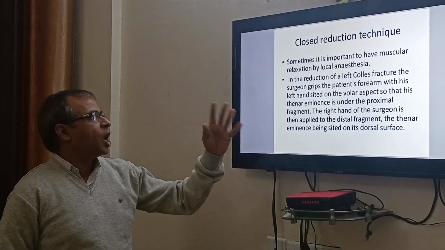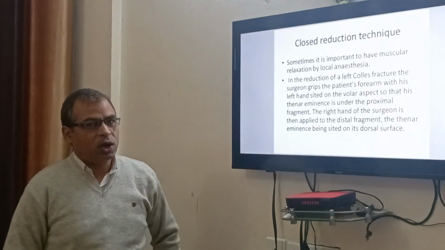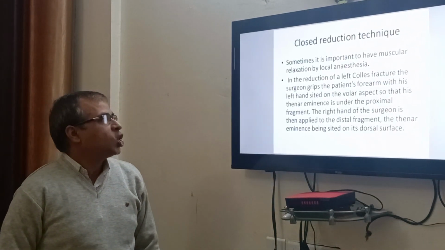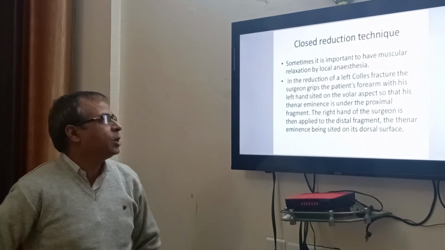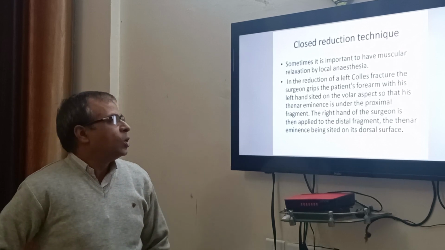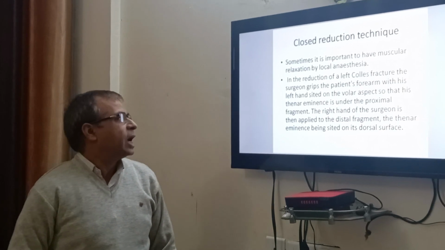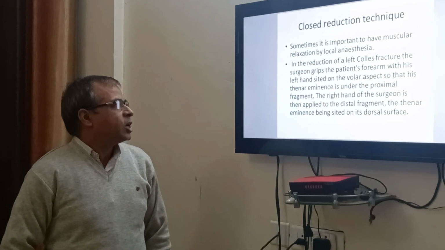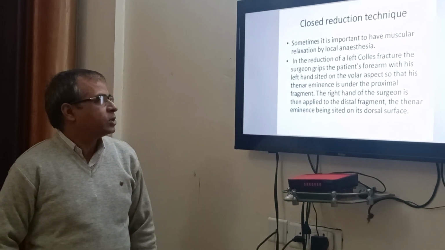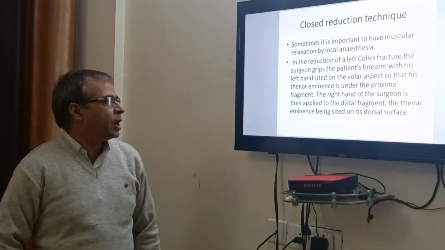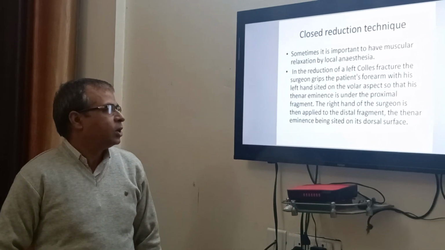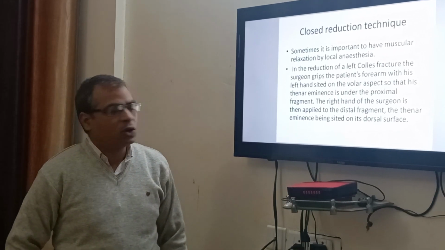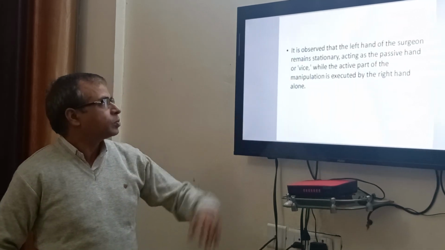Sometimes it is important to have muscular relaxation by local anesthesia. In the reduction of a left Colles fracture, the surgeon grips the patient's forearm with his left hand and sights on the volar aspect so that the thenar eminence is under the proximal fragment. The right hand of the surgeon is then applied to the distal fragment, with the thenar eminence sighted on the dorsal surface.